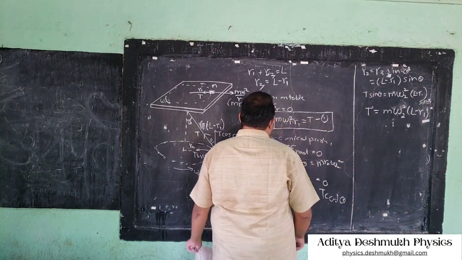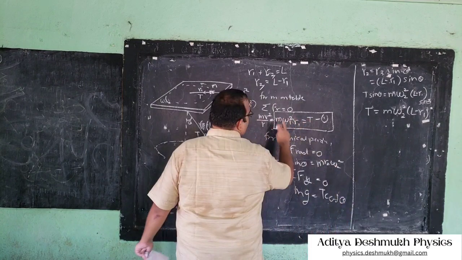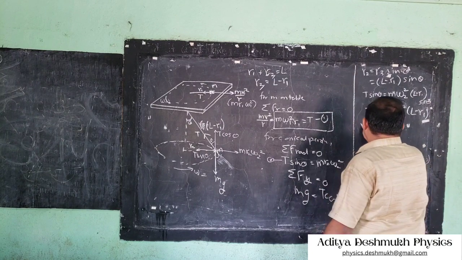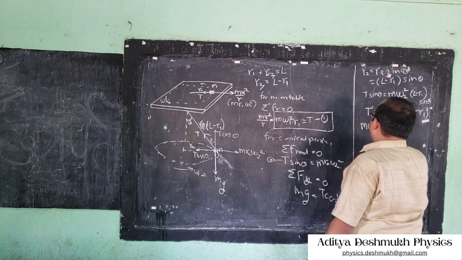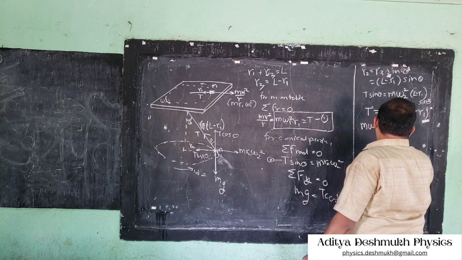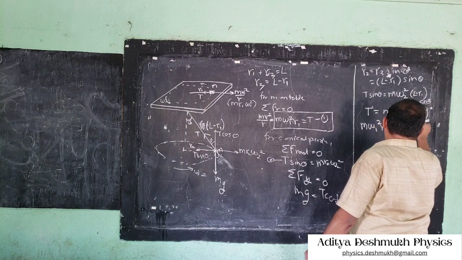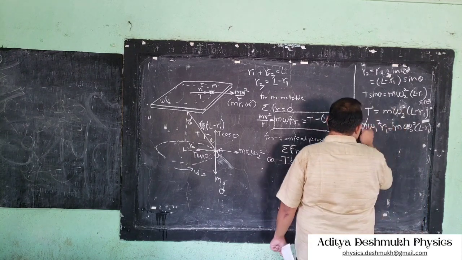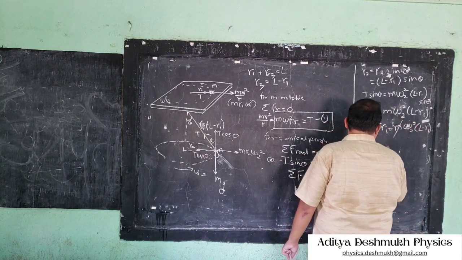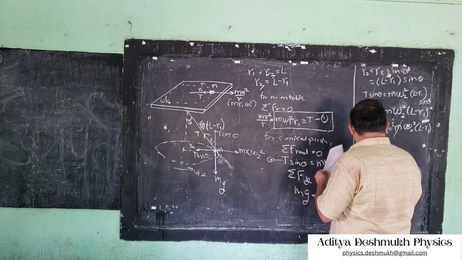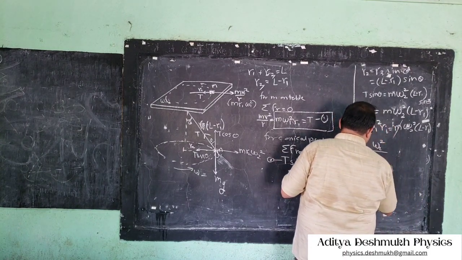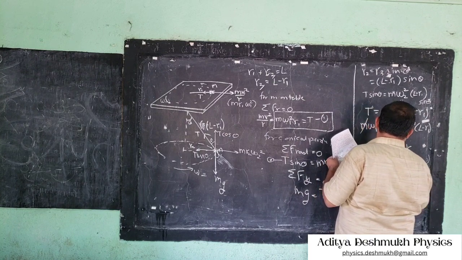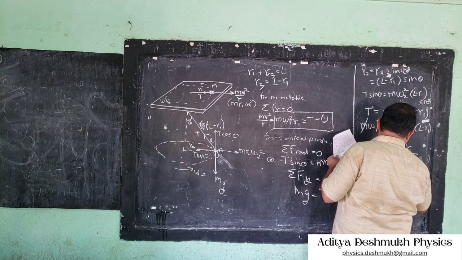So if I equate equation 1 and 2, I will get m omega 1 square R1 equal to m omega 2 square (L minus R1). So m will get cancelled, and omega 2 square upon omega 1 square will be equal to R1 upon (L minus R1).